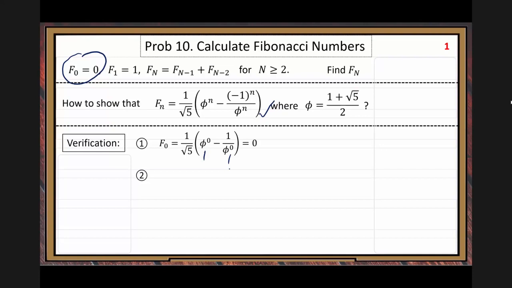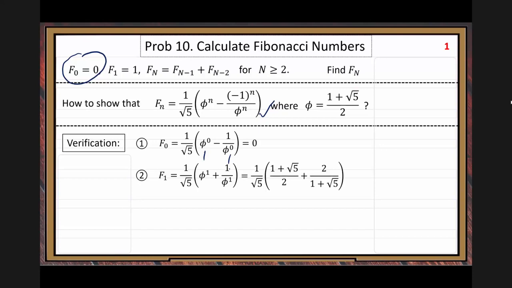All right. Second, slightly harder, but not too hard, so we can still do it. F1, this time we need to calculate phi to the first plus 1 over phi. Let's put phi numbers there. 1 plus root 5 over 2.